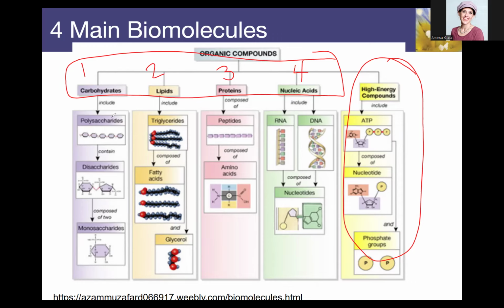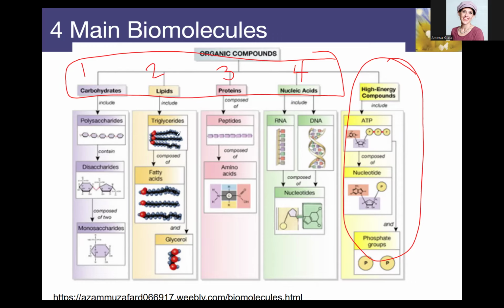We have carbohydrates, which are composed of polysaccharides, disaccharides, and monosaccharides. We have lipids, which include triglycerides, which are made of fatty acids and glycerol. We have proteins, which are composed of peptides, and amino acids make up those peptides.